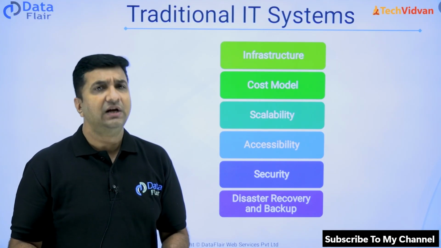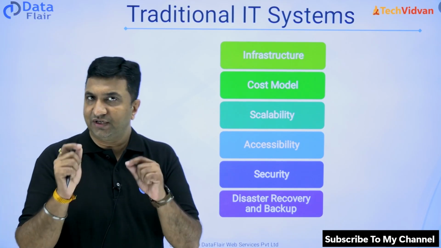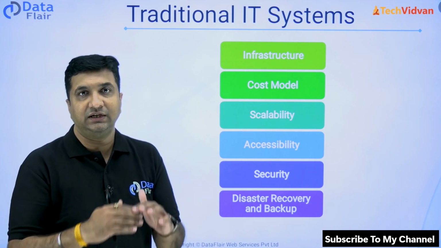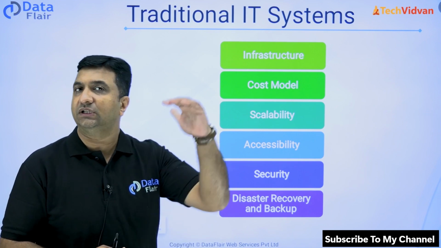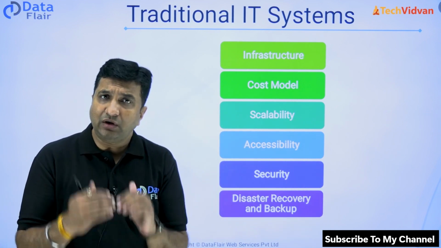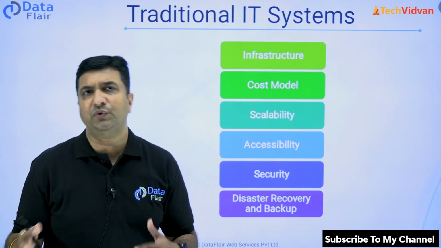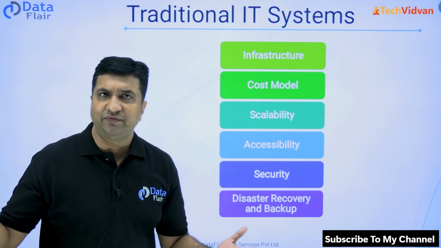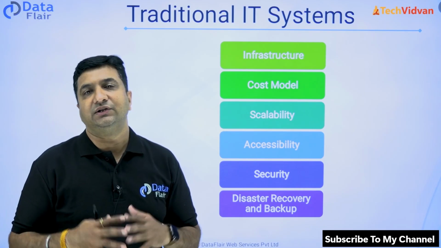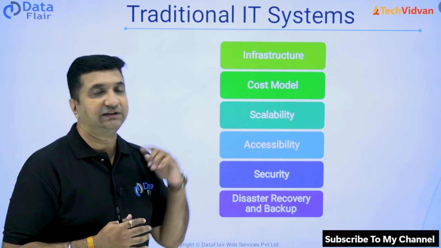It's not possible. So the key takeaway is that scalability is an issue in traditional IT systems. You can scale the whole system up to a certain point, not after that. That means you cannot think about a very big business or organization with a lot of different customers and a big application hosted on traditional IT systems. Not possible, right?